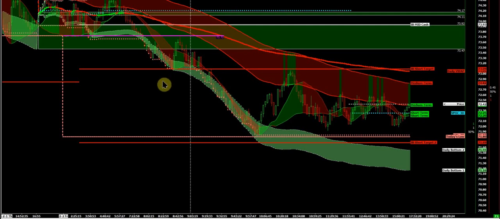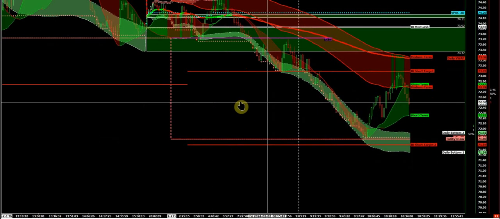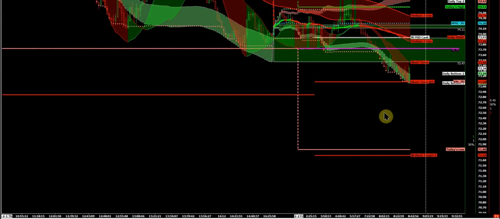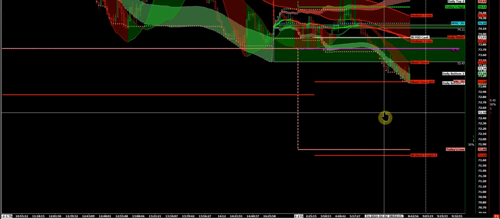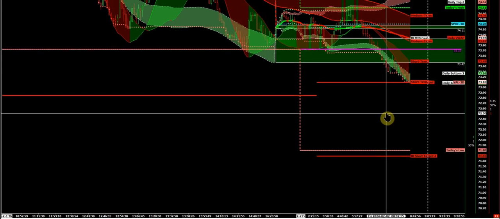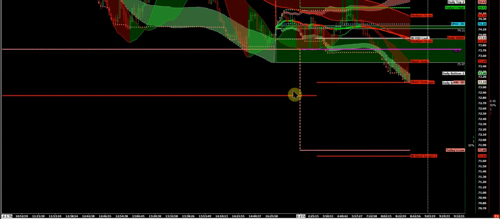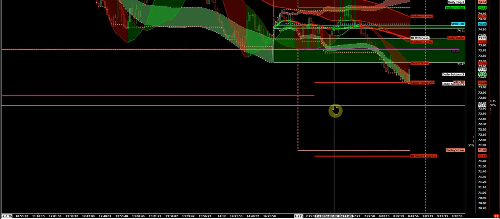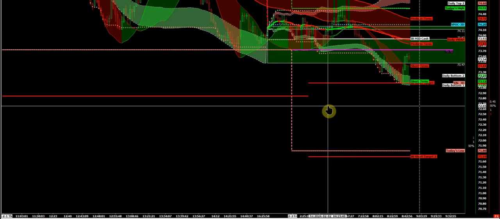That's amazing. And in fact, if you look at those two candles there, let me scroll back over here. That short target was at 73.08. The low of that candle was 73.09. The next one was 73.10. And then back up.